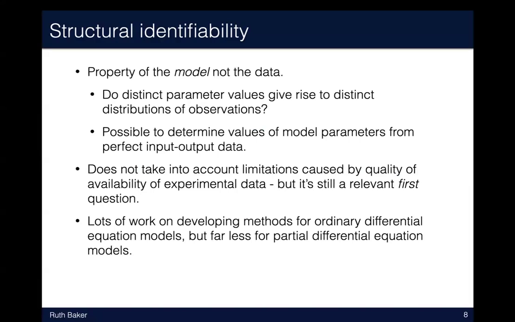Really the question is, do distinct parameter values or parameter sets in my model always give rise to distinct output distributions, or distinct distributions of observations? If that is the case, then if I have this perfect data, I could estimate the model parameters. So clearly it doesn't take into account the limitations of the data.